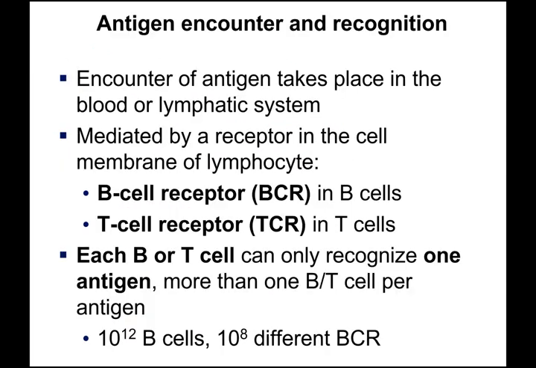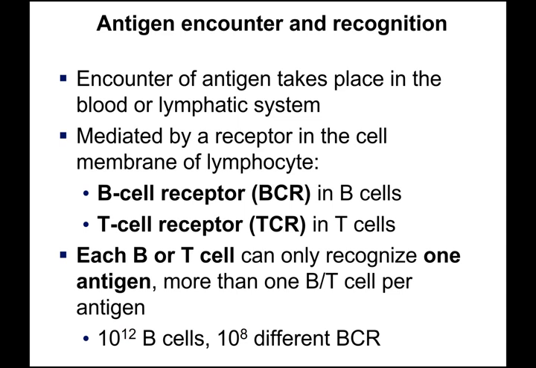Now, the encounter with the antigen is presented by macrophages and dendritic cells, the antigen presenting cells, those cells that were involved in inflammation as well, if you remember, that phagocytose the bacteria or the viruses that enter.